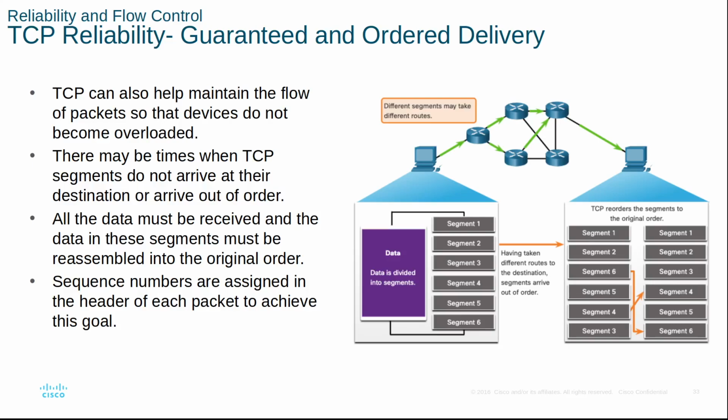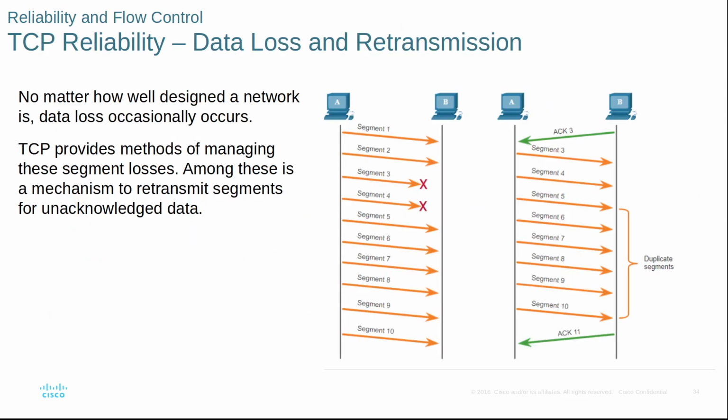And all the data has to be received and the segments put in the original order. How does it do that? Sequence numbers. Sequence numbers are assigned to the header of every single packet. And then those are checked at the destination as part of putting the data back in proper order.